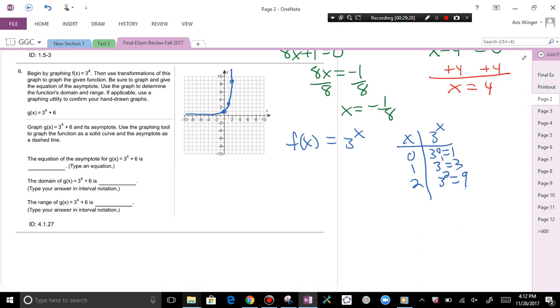The other graph, 3 to the x plus 6, moves this graph 6 units up. So if you were to graph a new one, you would just shift that graph up 6 units. One, 2, 3, 4, 5, 6.